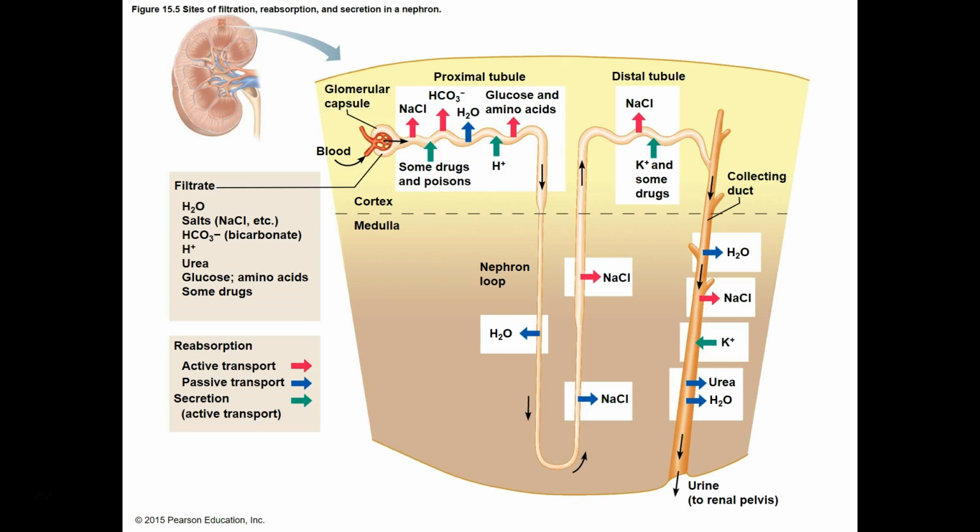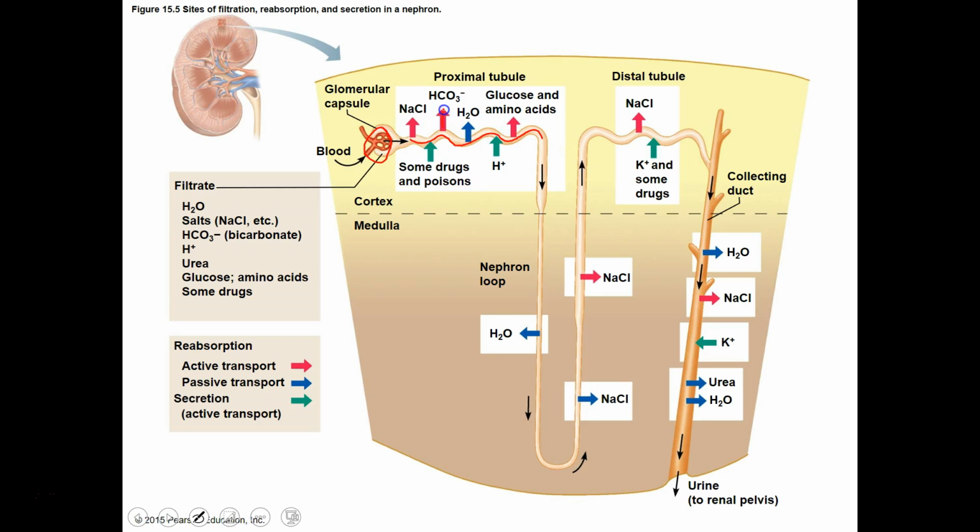So if we look at this, this is a really, really good depiction. So we've got our little glomerulus here, right? All this stuff is forced out here, and then we've got the proximal tubule. We can see there's a lot of stuff changing places.